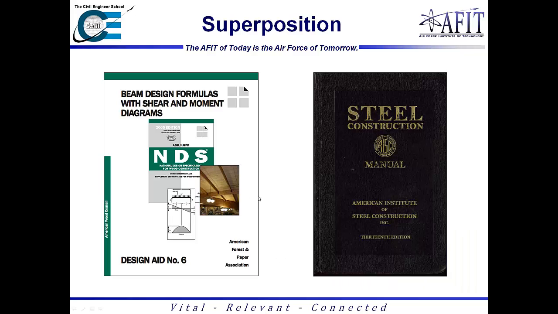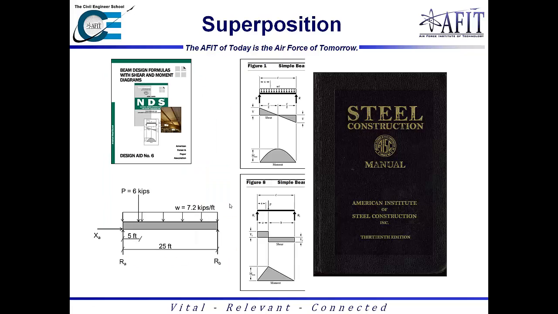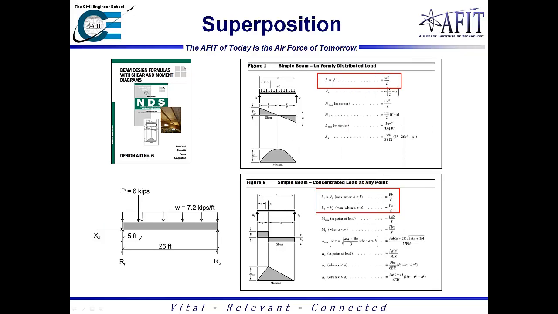Both of these manuals have load tables in there for you to be able to easily calculate this without having to sum the reactions. Using the NDS for this, using our distributed load here and our point load here, we can go ahead and solve for the reactions.